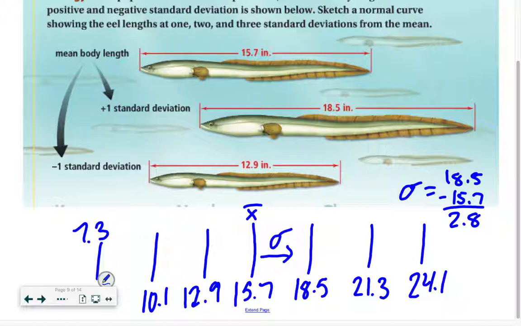Does that make sense? We know how to find standard deviation given this stuff. Okay.